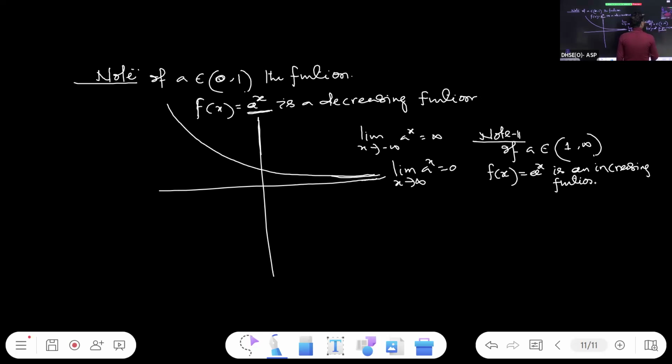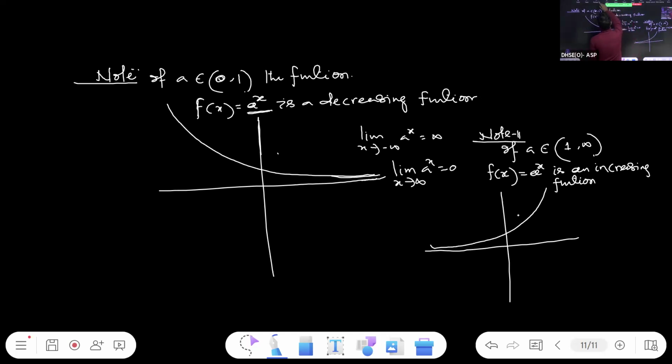The graph of the function will be like this. Okay, this is decreasing exponential. This is increasing exponential. I hope it is clear to you.